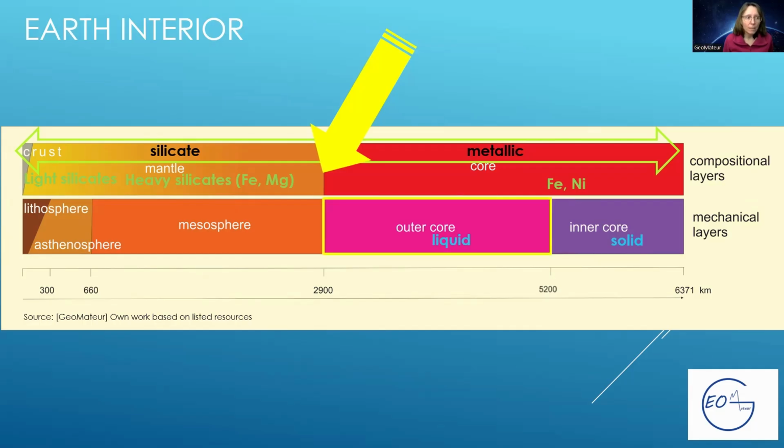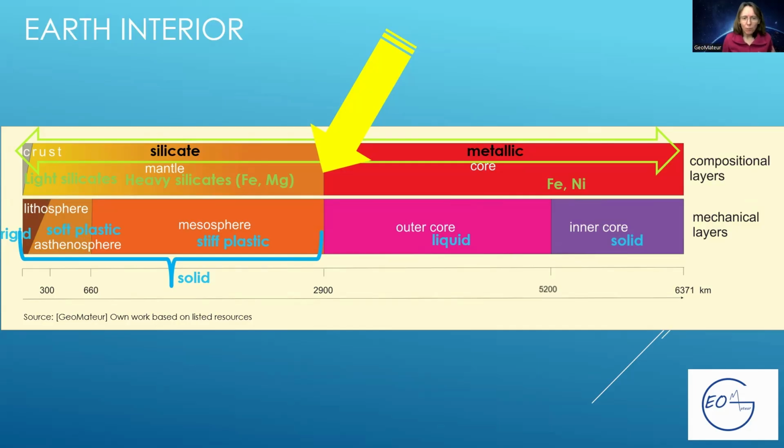The stiff plastic mesosphere starts at 660 kilometers, then the soft plastic asthenosphere, and the pretty rigid, most outer layer, the lithosphere. Lithosphere, asthenosphere, and mesosphere are in a solid state, although some of them are more plastic.